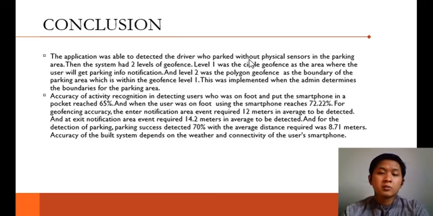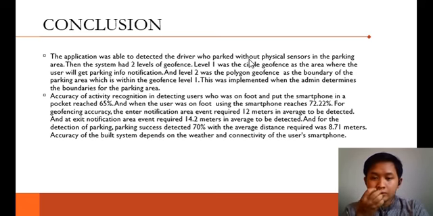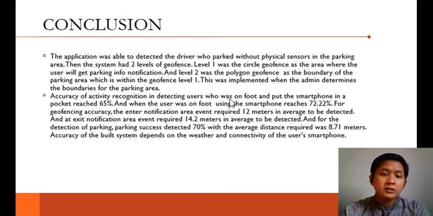Level 1 was the circle geofence as the area where the user will get a parking info notification. And level 2 was the polygon geofence as the boundary of the parking area, which is within the geofence level 1.